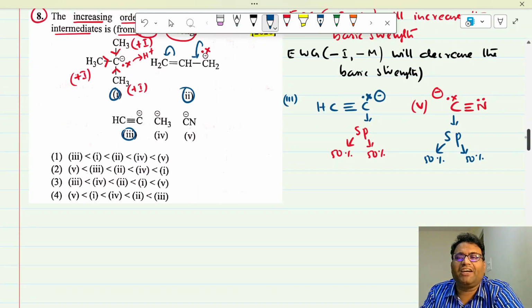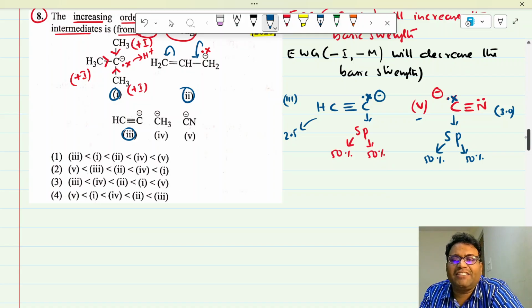So both are having an sp hybridized carbon, the negative charge is in both the compounds. We have negative charge on the carbon atom, which will pull the electron density, this pair of electrons, or this pair of electrons are pulled more by this molecule, fifth molecule. Why? Beside the carbon, who is present? Nitrogen. Nitrogen electronegativity is 3.0, whereas carbon electronegativity is only 2.5.